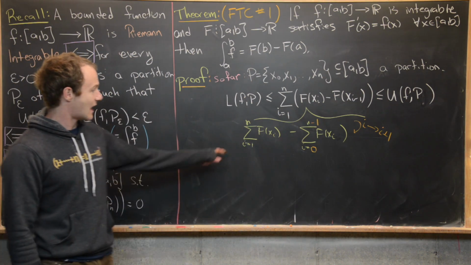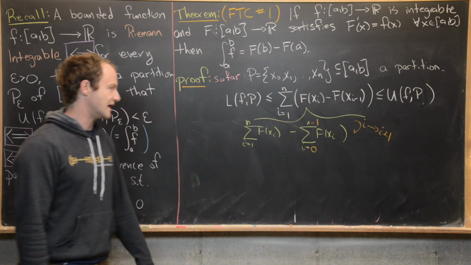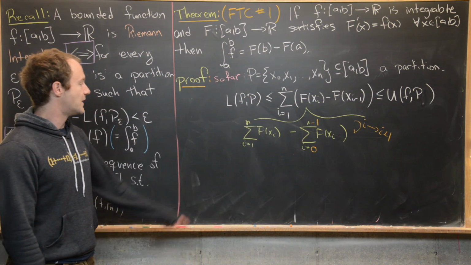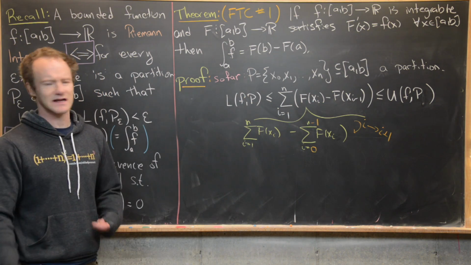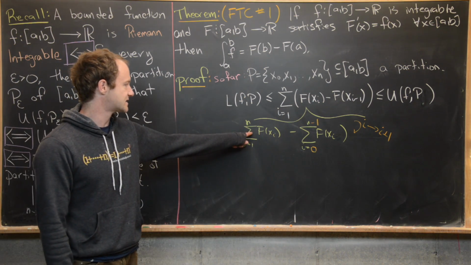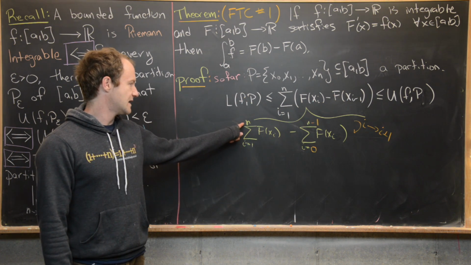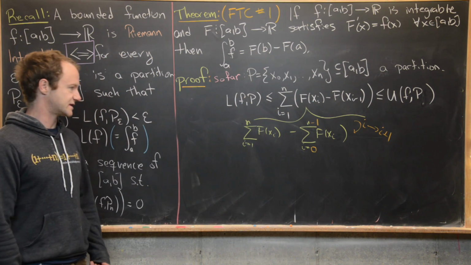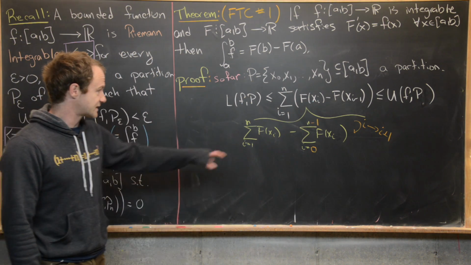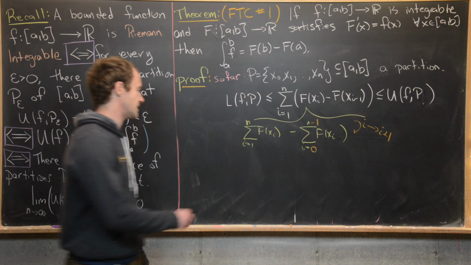Okay, good. Now these are indexed in a way that we could combine them nicely, but they have slightly different terms. Notice this one ends at i equals n, but starts at i equals 1. This one ends at i equals n minus 1, but starts at i equals 0. So let's pull out the last term from the first sum.